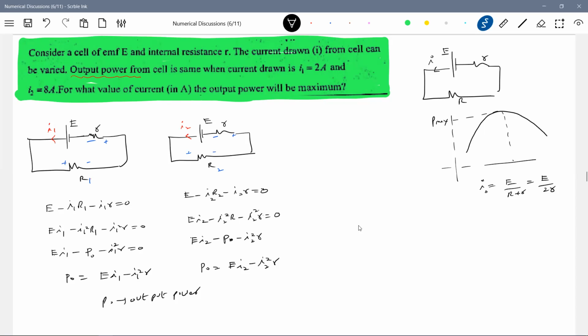This is the current at which the power delivered by the source to the load is maximum. Who is the source? The cell is the source. Who is the load? The resistor is the load.